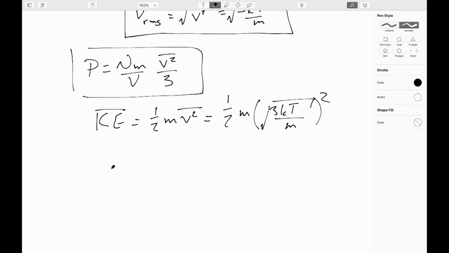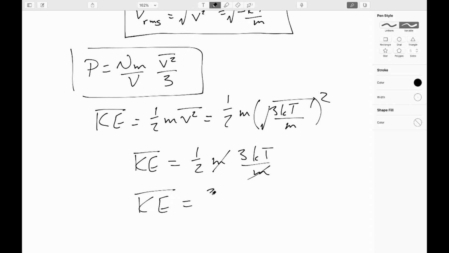So the average kinetic energy of a molecule is, well, let's see, 1/2 m. When I square this, the square root goes away. 3kT over m, cancel, cancel. I get that the average kinetic energy of a particle is 3/2 kT.